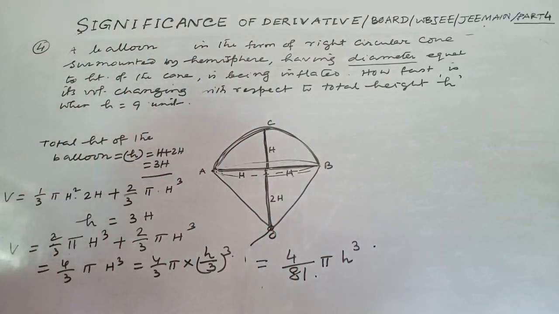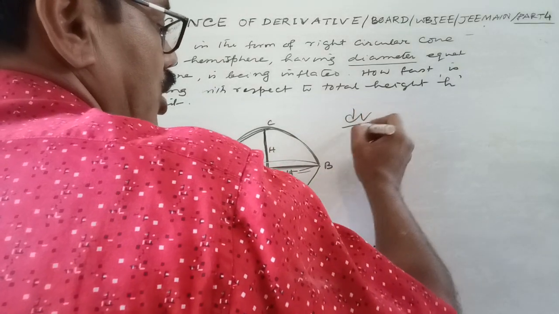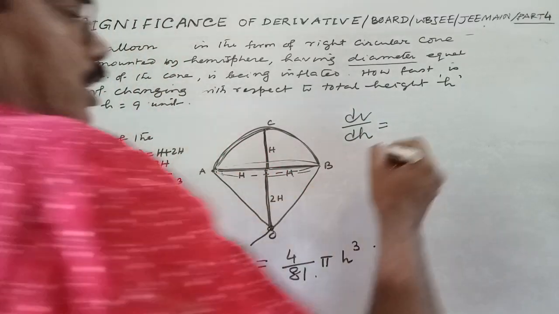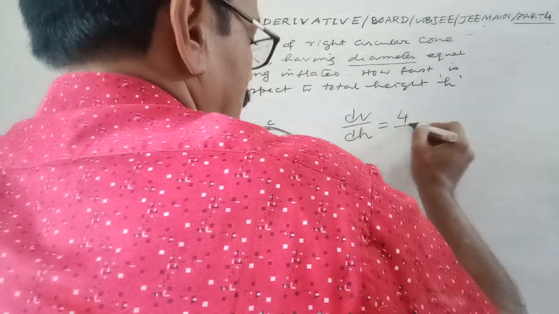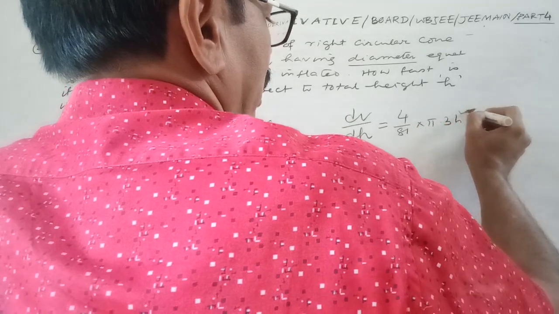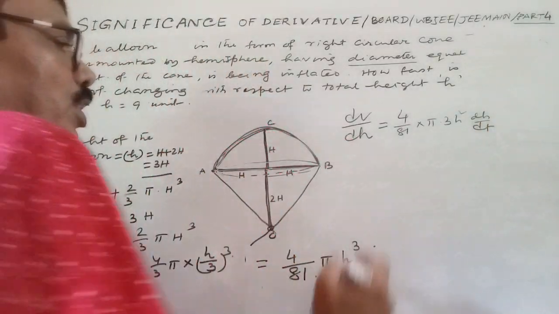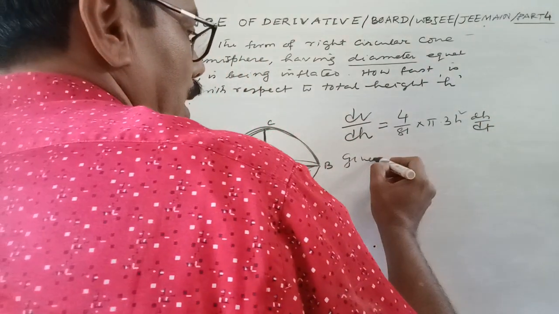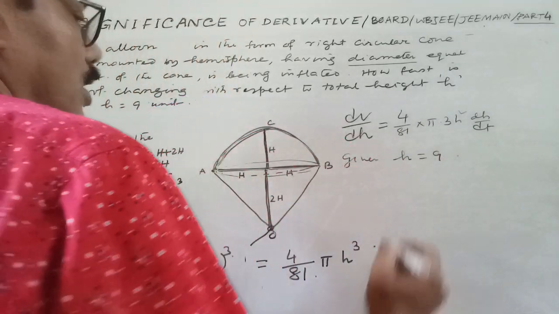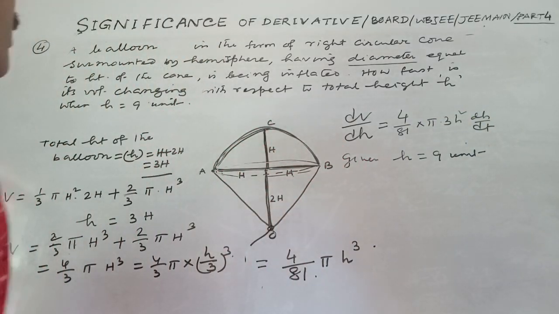Now it is very simple. We want dV by dh, the rate of change of volume with respect to total height. That is 4/81 pi times 3h square. Given h equals 9 units.